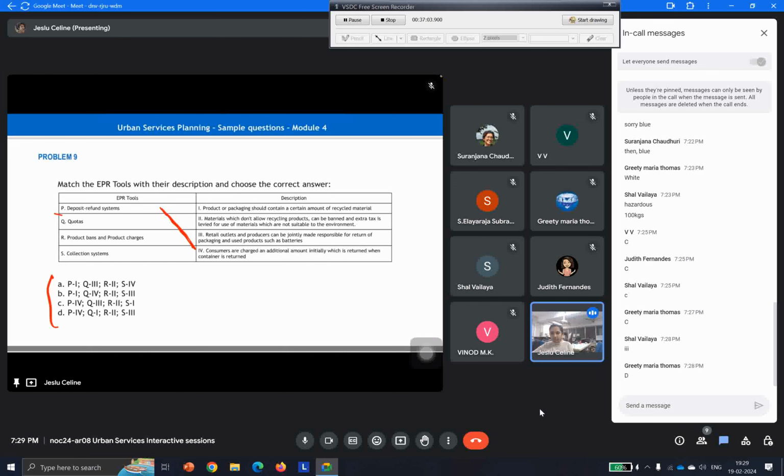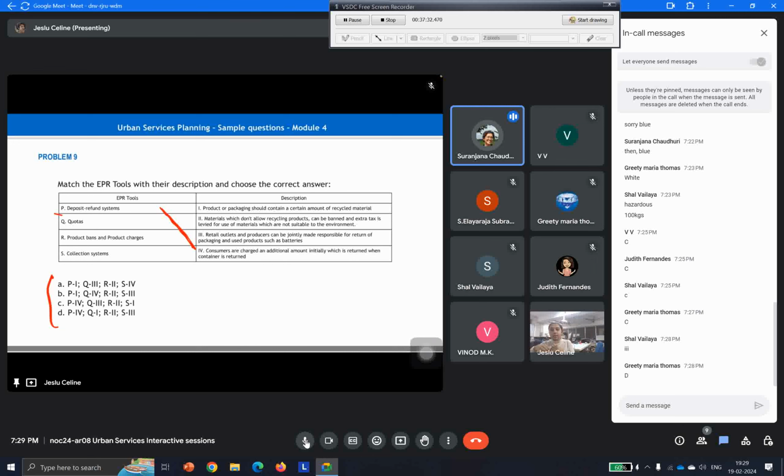Then we have quotas. Which does quotas come under? One, two, three, or four? Anybody, any guesses? Nobody, no guesses? Quotas. Okay, so quotas means that you have certain. Okay, quota will be one.